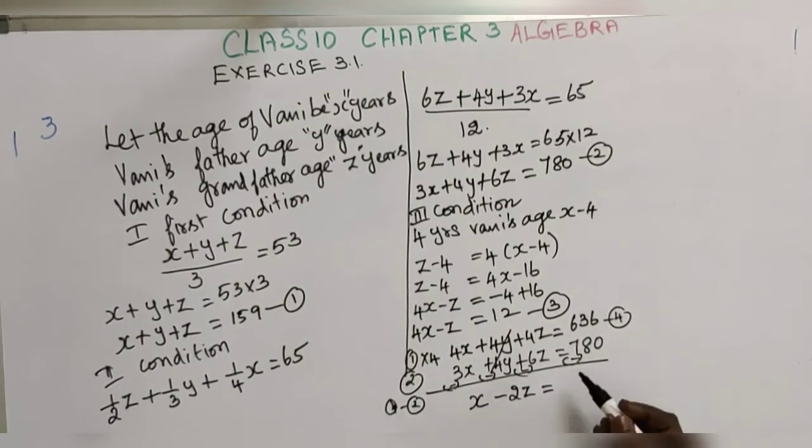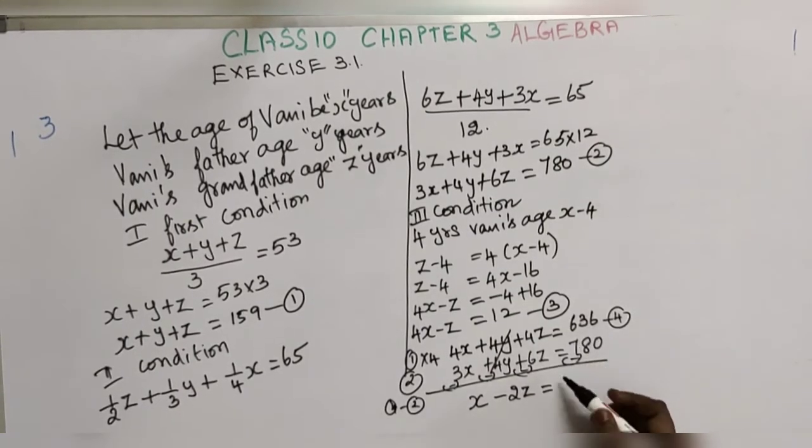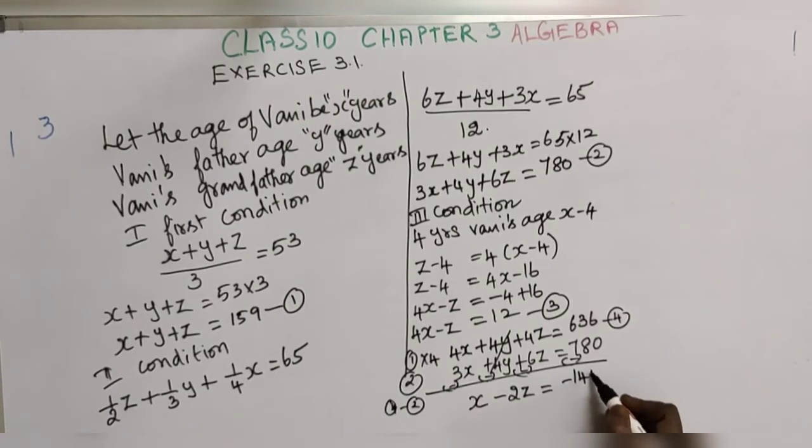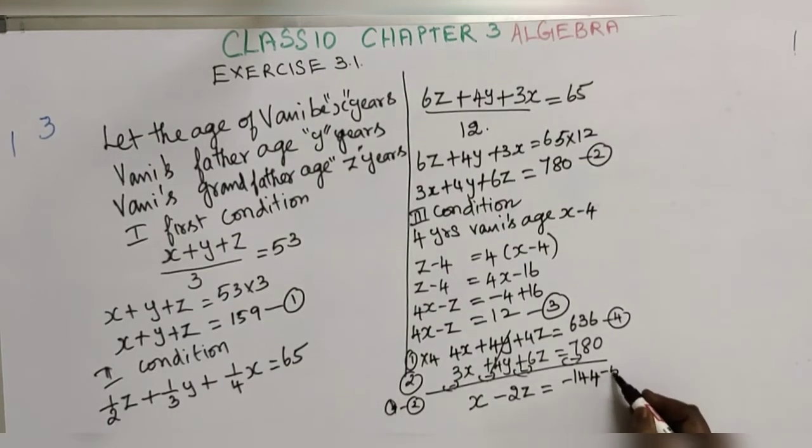That is equal to 636 minus 780; subtract the smaller number from the bigger number and put the sign of the bigger number, so minus 144. Have this as fifth equation.